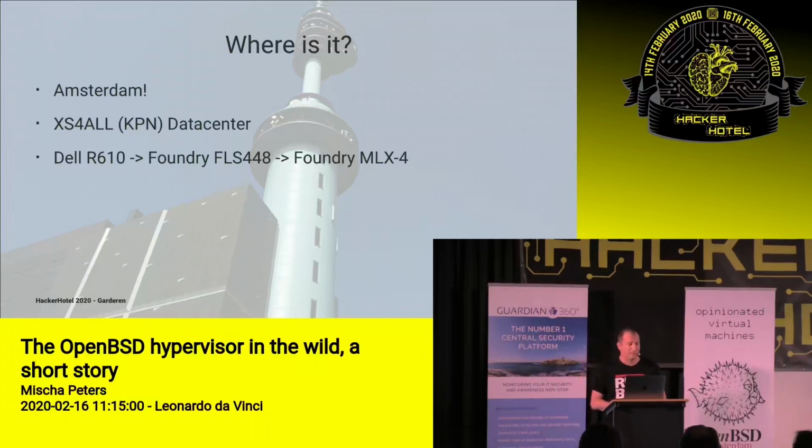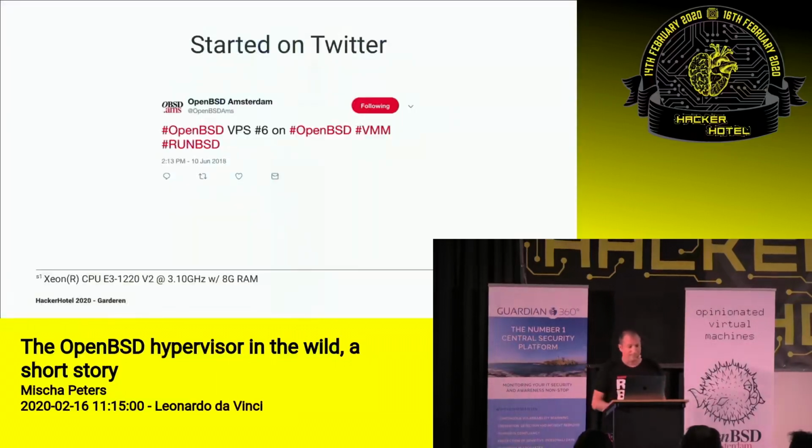That's connected to a Foundry MLX, and I'm doing BGP to Access for All, so I can decide where the traffic goes, and if part of Access for All collapses, then I'll go through the other gateway.